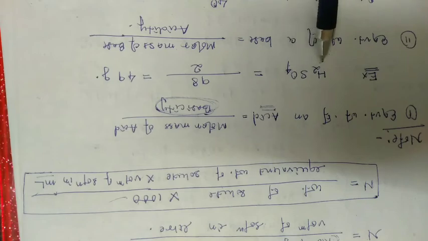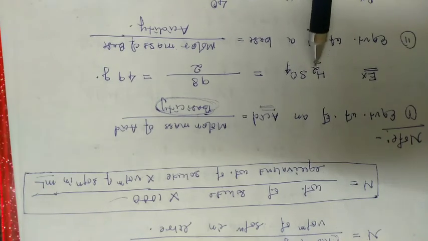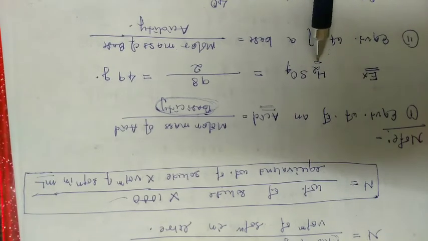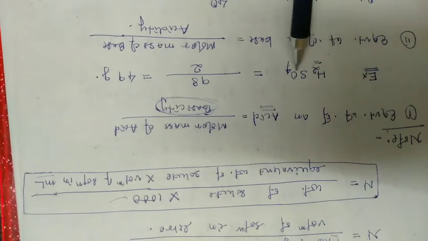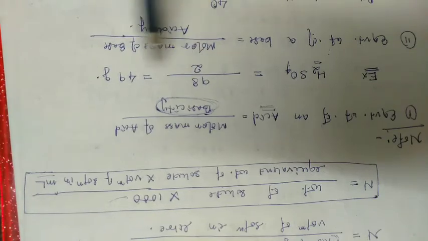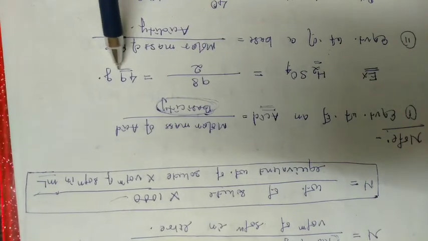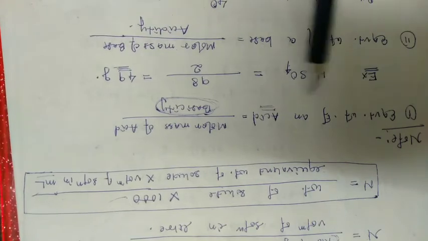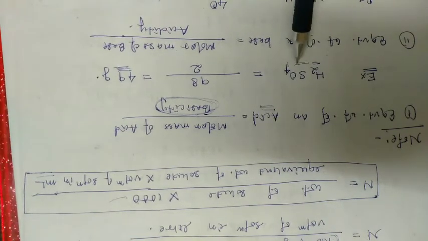Basicity for sulfuric acid is 2 because it has 2 replaceable protons. So equivalent weight of sulfuric acid, its molecular mass 98 divided by its basicity 2, equal to how many grams? 49 gram. So 49 gram is the equivalent weight of sulfuric acid.